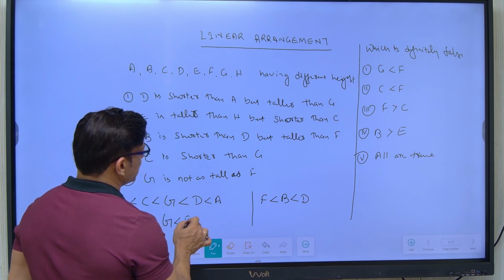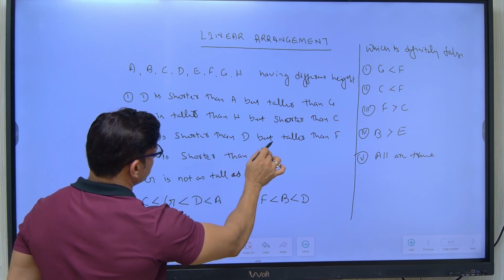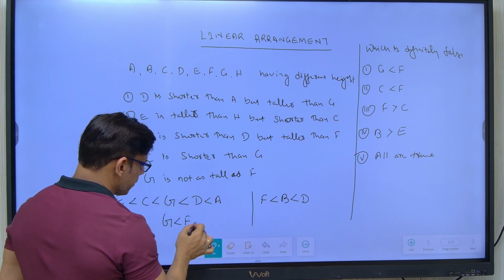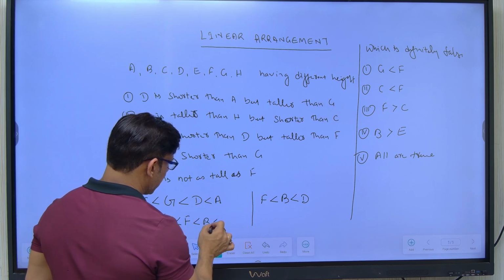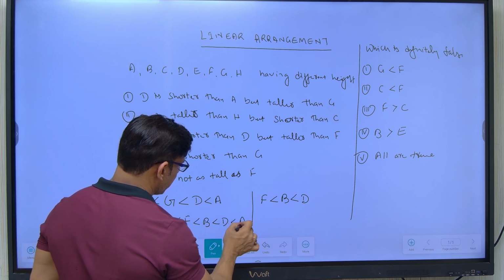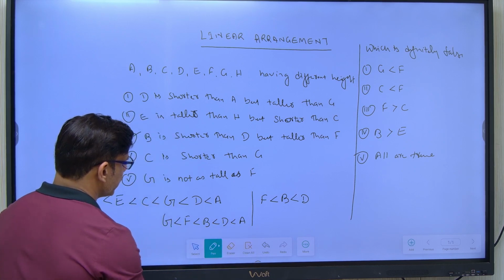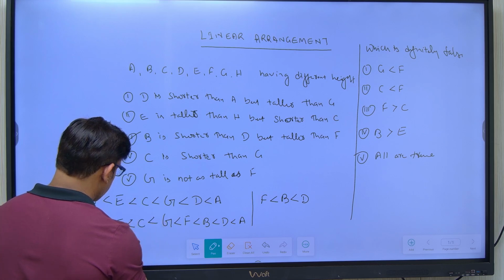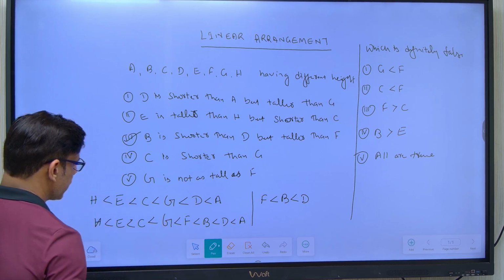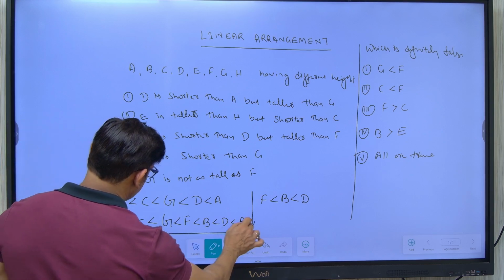And then it is given that B is shorter than D but taller than F. So B is taller than F. And then we have D, and then we have A, because B is shorter than D. And then we have C, then E, and then H. So now I got the entire information.